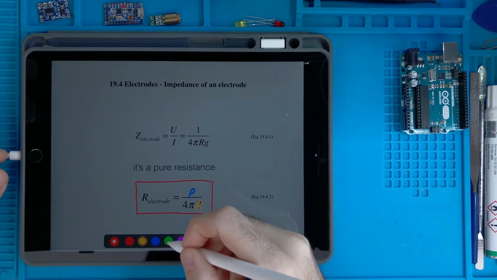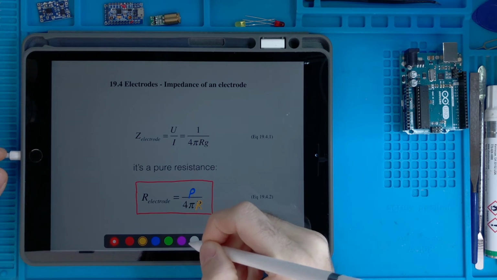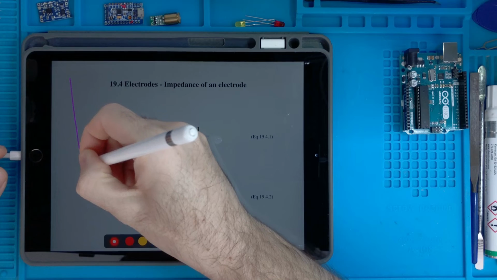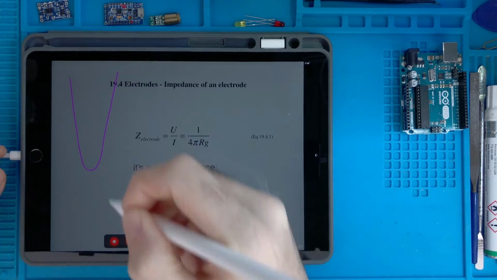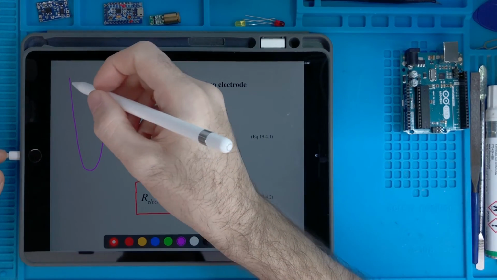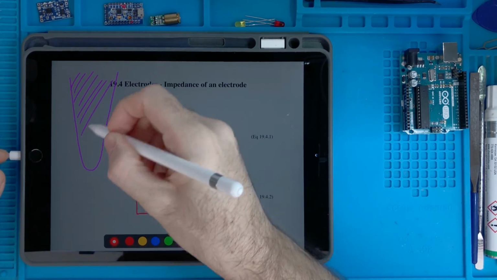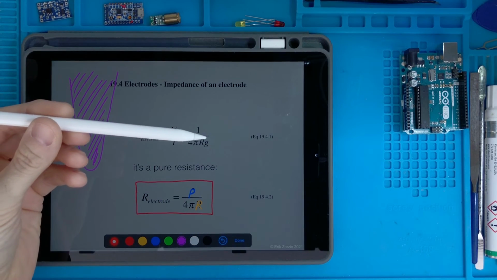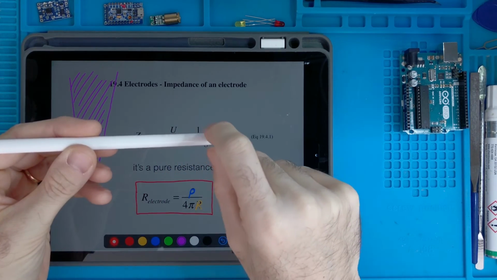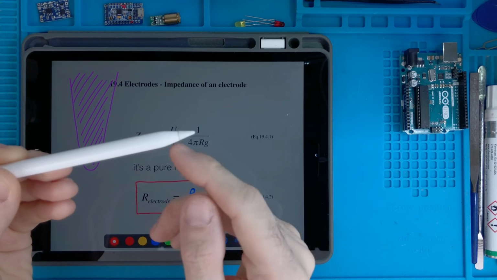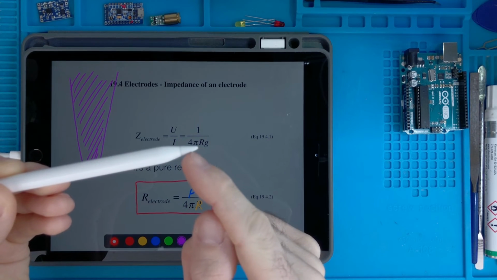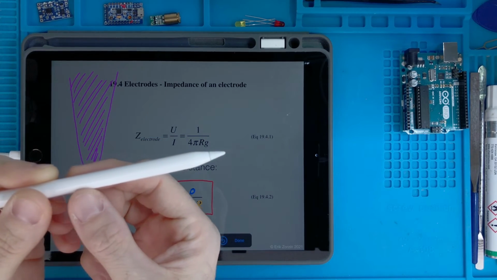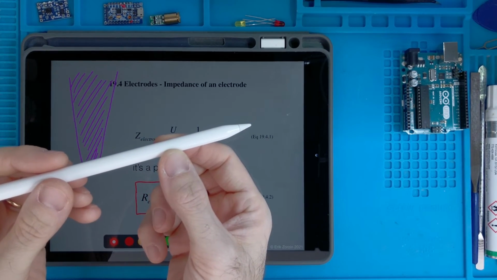So if you have an electrode like this, let's make it big. Electrodes usually look something like this, like a pen, so they are long and then in the end they have a tip, and the tip is exposed while the shaft is insulated.